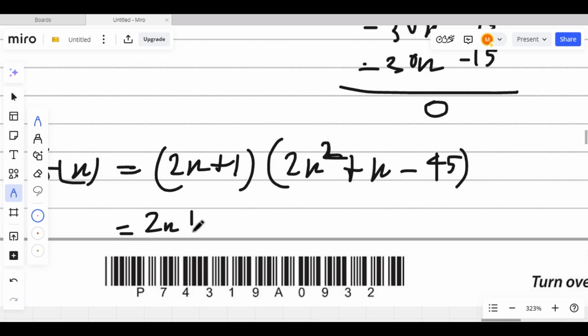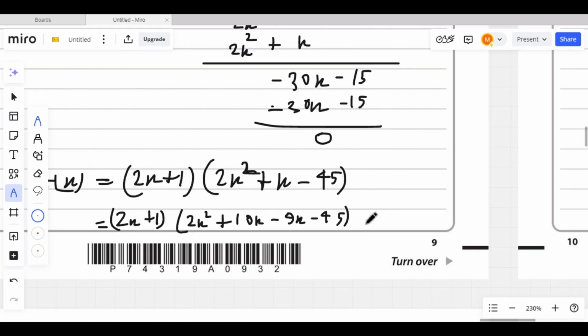So 2x plus 1, and 2x squared plus 10x minus 9x minus 45. We are using middle term factorization. So we'll get 2x plus 1, and then if you take 2x common from there, you will get x plus 5.